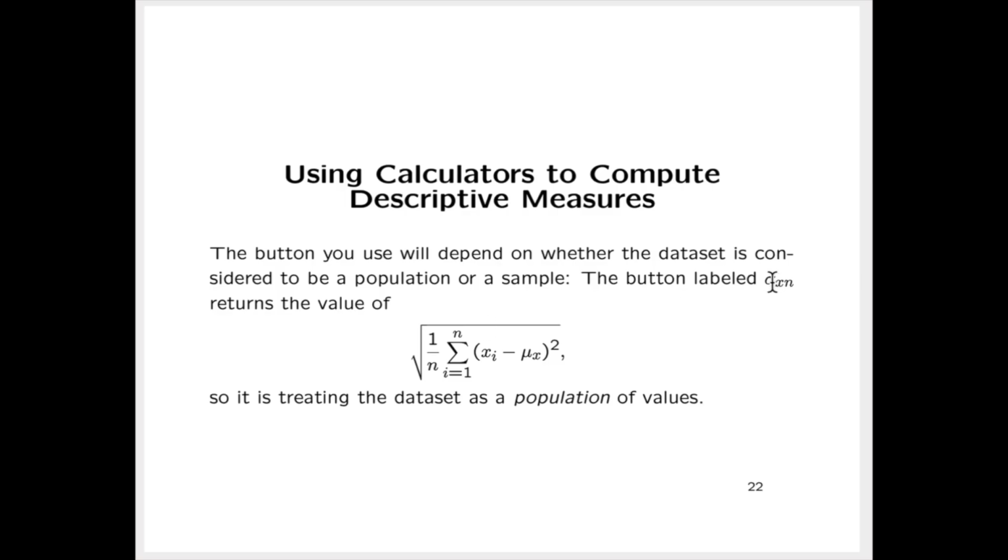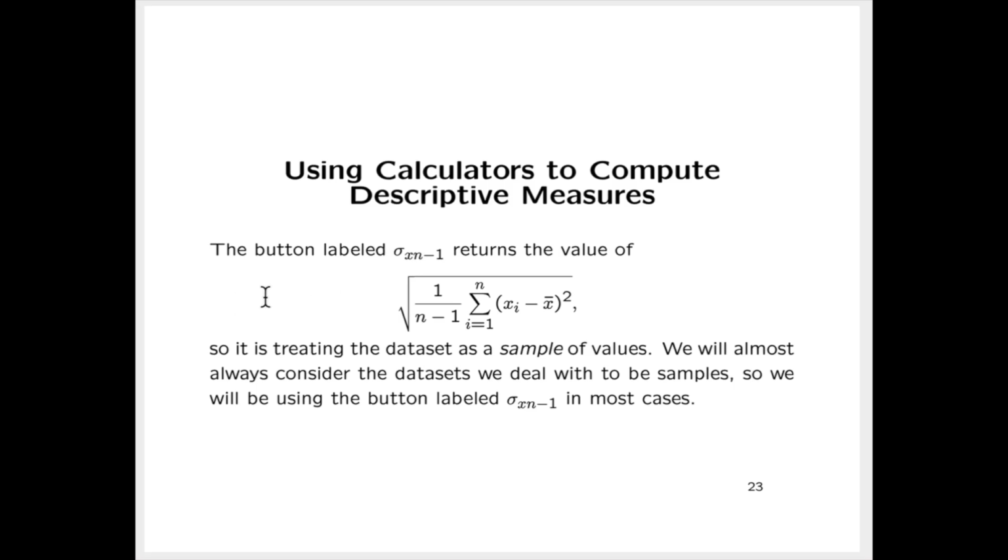The button labeled sigma returns a value given here, which you'll recognize as being the standard deviation of a population. And so if you use this button or this menu option, keep in mind that you are considering the data set to be a population. That may or may not be what you want to do, so you need to be very careful.